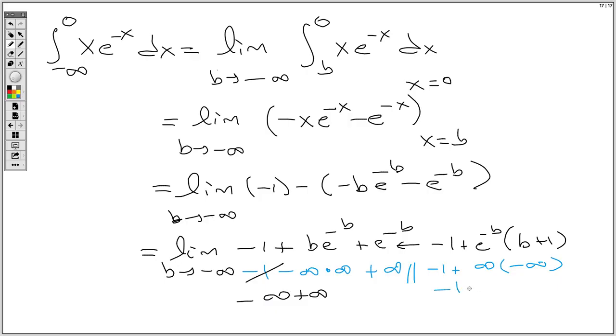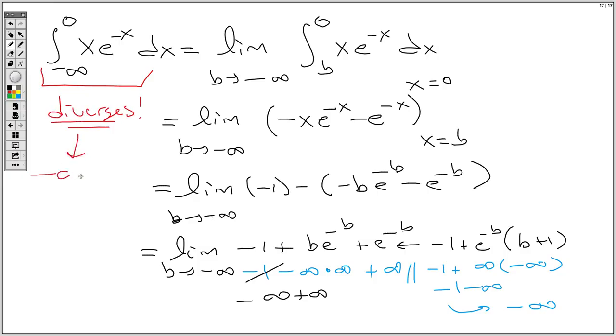So this is negative 1 minus infinity. This actually goes to negative infinity. So this piece actually diverges. In fact, it goes to negative infinity. And we're going to look at the graph of this here in a minute, and we'll be able to see why all this happens.